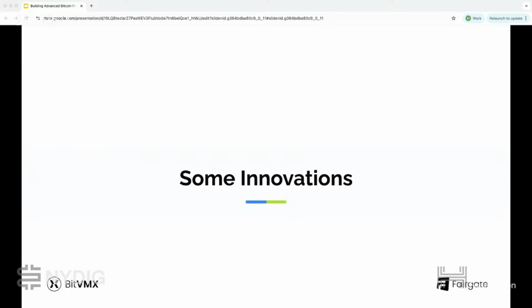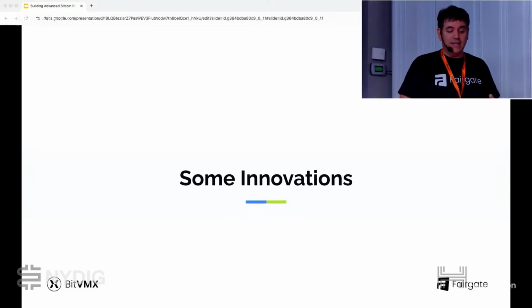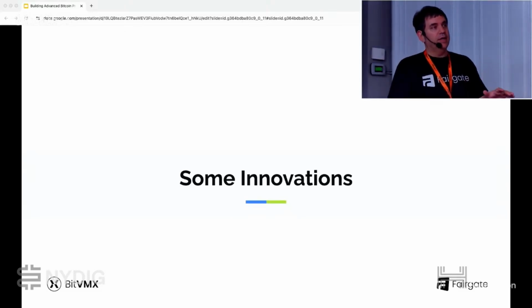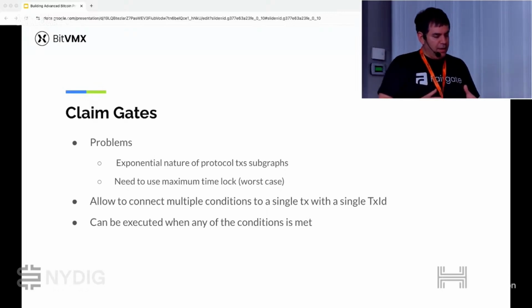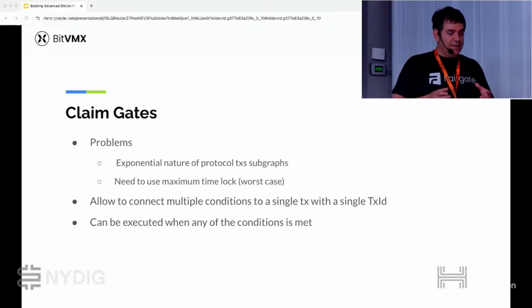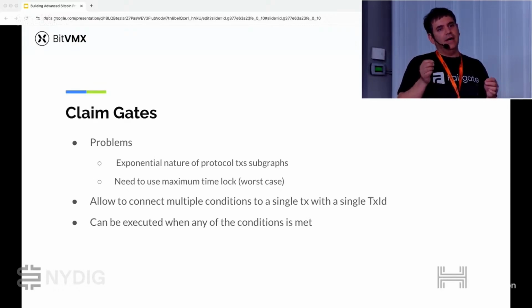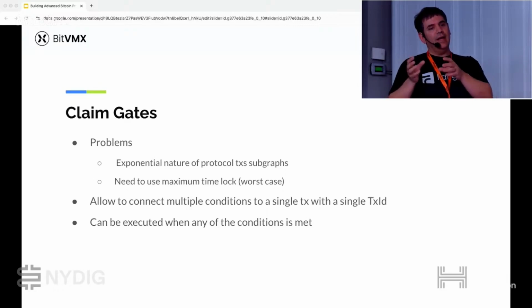So now the idea is to present some cool ideas that we think we found during the process of implementing BitVMX. Yeah, let's see some of those. First, we created something that we call claim gates. There is a problem that exists when you have a big graph of transactions with different endpoints that will end up with the same result.